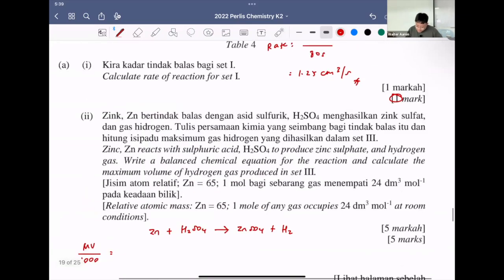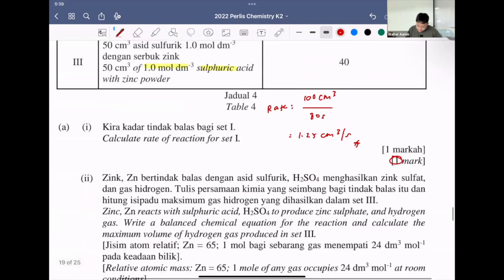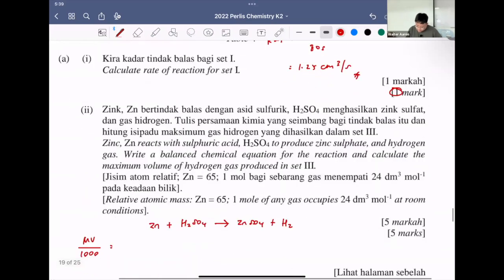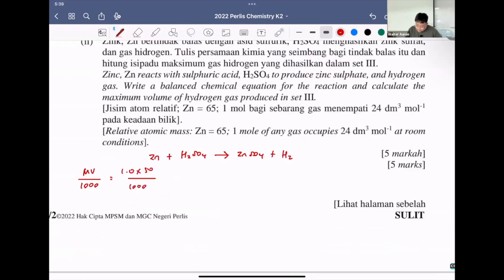We'll take 1 times 50 divided by 1000. What should we get? So you got 0.05 mole. Okay, 0.05 mole.